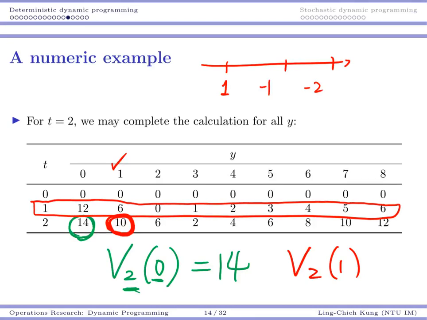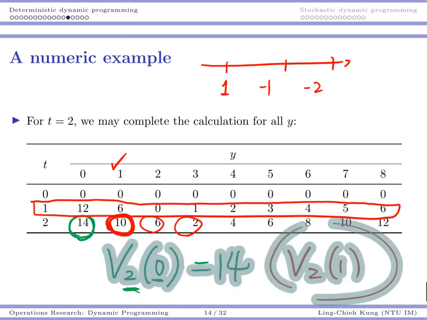I need to check the values for the cost if I leave 1 unit for tomorrow, if I leave no unit for tomorrow, and so on. I need to get all those numbers so that I can calculate my V2 of 1, V2 of 2, V2 of 3, and so on.